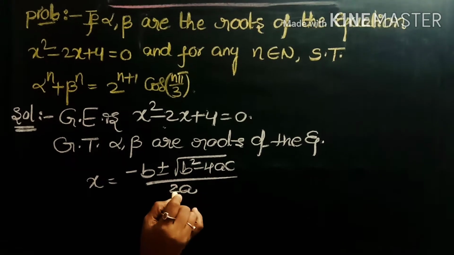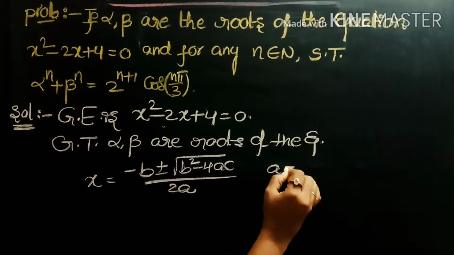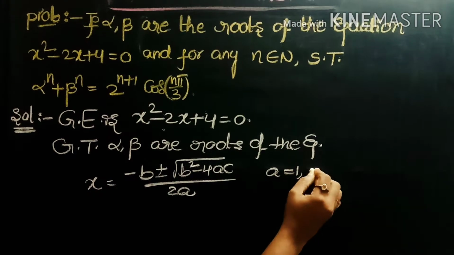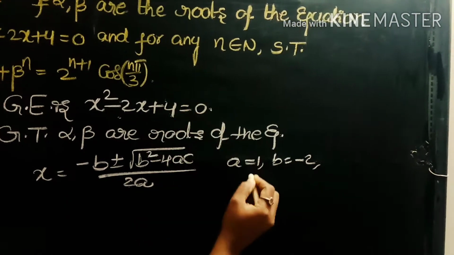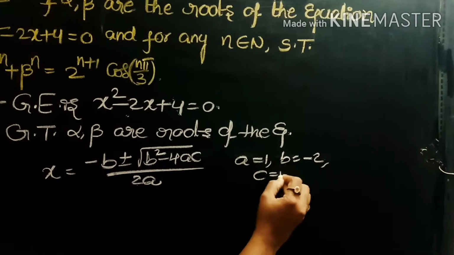Here we take the values of a, b, c: a is the x² coefficient, that is 1, b is the x coefficient, that is −2, and c is the constant, that is 4.